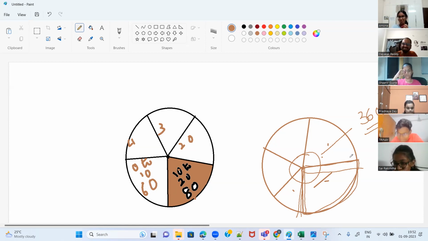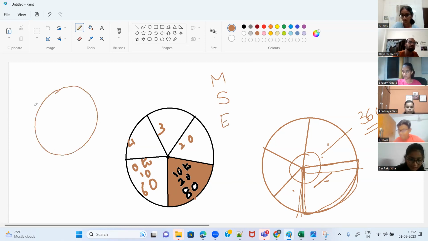Let's say they gave three subjects, maths, science, and English. Now you need to represent this in a pie chart. Then how many sectors do we need to divide the circle into? Three sectors, based on the marks they got.